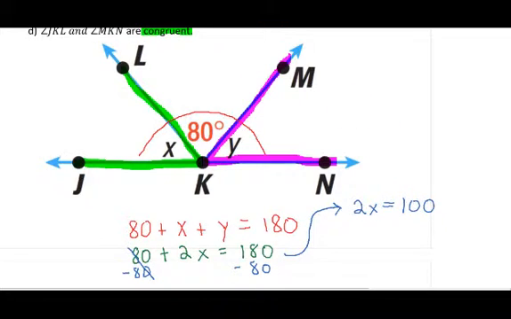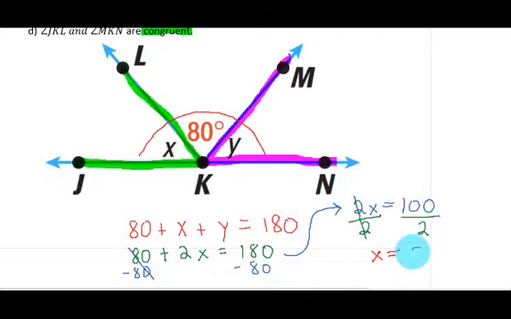So the next step, I'm asking myself, how do I isolate the variable? Well, I have to undo multiplication of 2. So let's divide by 2, and if I do it on this side, I have to do it to the other side. And I know that the opposites cancel out. And I'm left with x is equal to, well, 100 divided by 2 is 50.